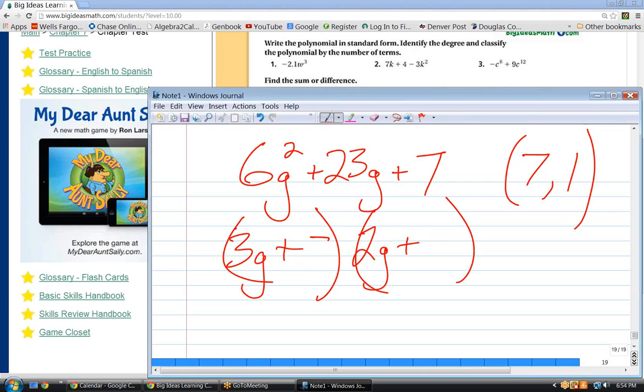So let's just try them randomly. In other words, pick one and see if it works. Does that work? No. Does that work?